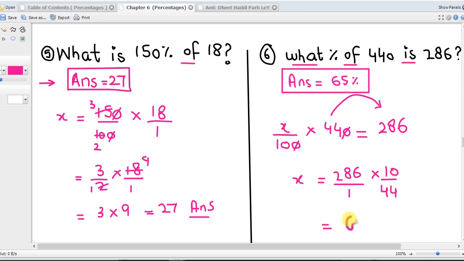The value we are getting here is 65. And since we need to find out what percent, so this will become 65%, right? So 65% of 440 is 286. I hope you have got the concept.